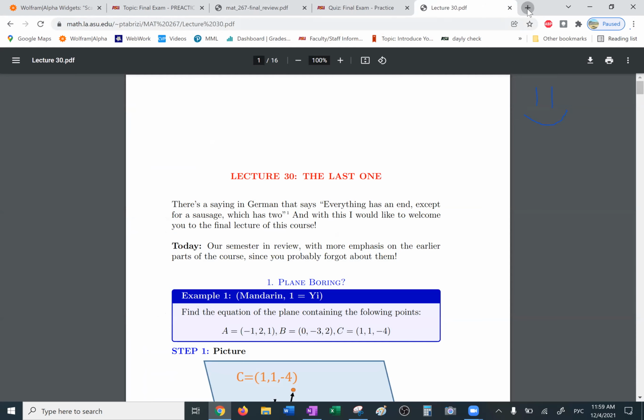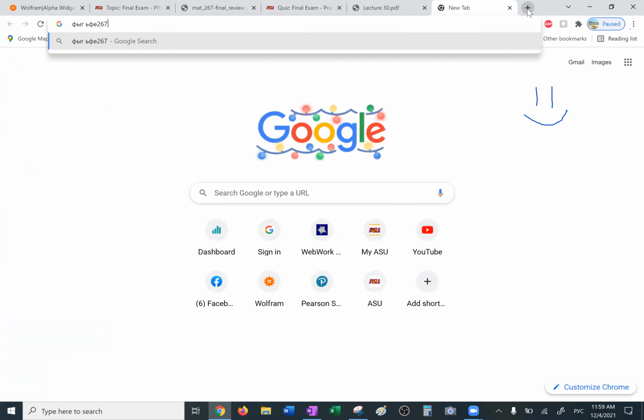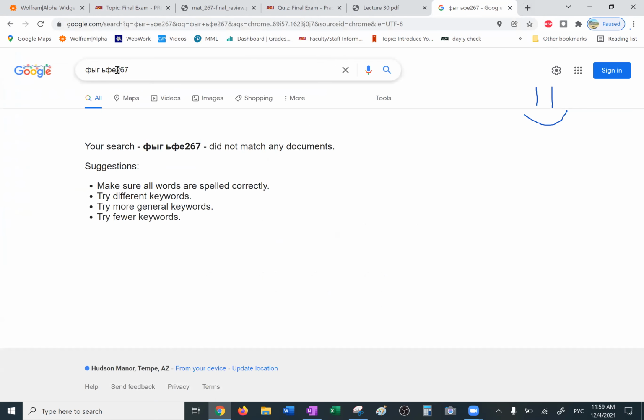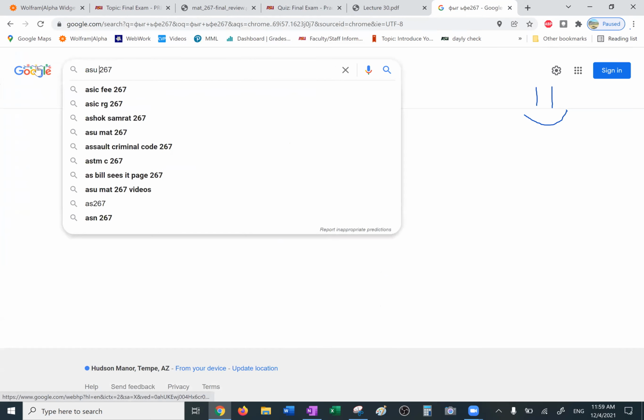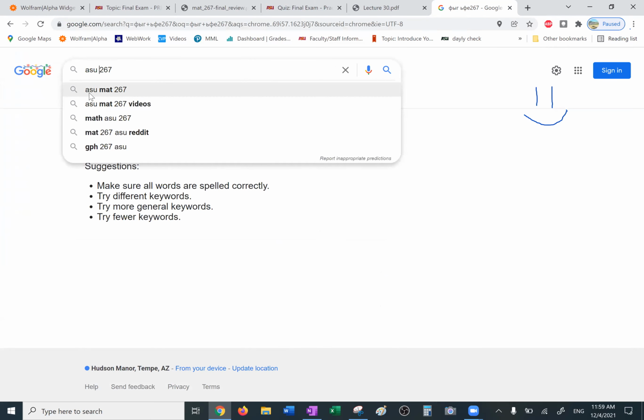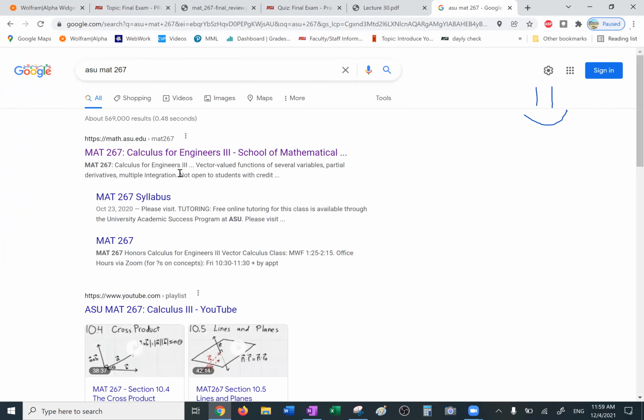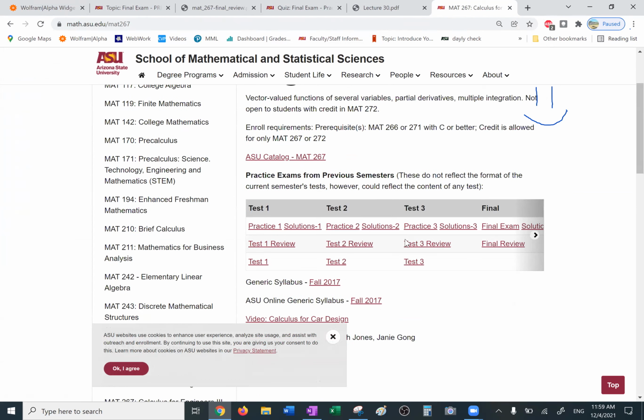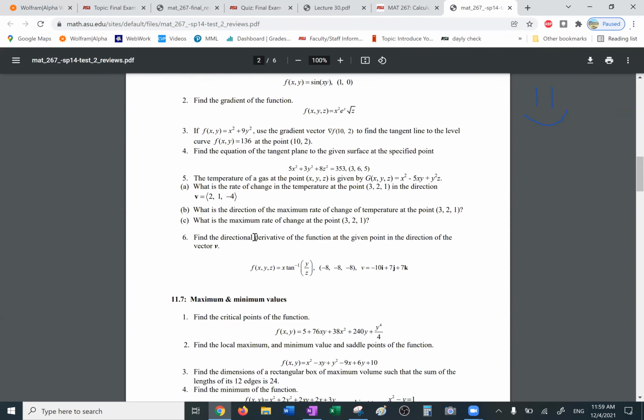If you go to my reviews, ASU, MAT267, they all are here. If you go here, then switching the coordinates appears in both of these exams. Let's go to the second one. The second one, I think, had all of them, right? Let's check.